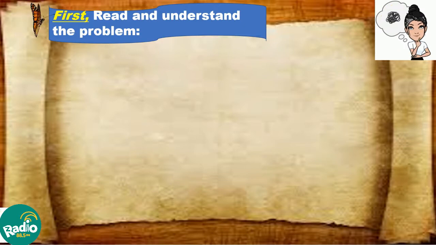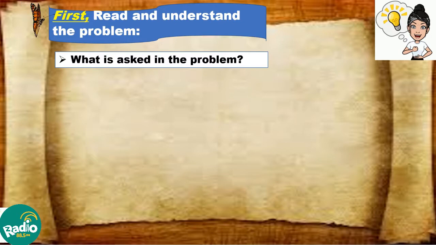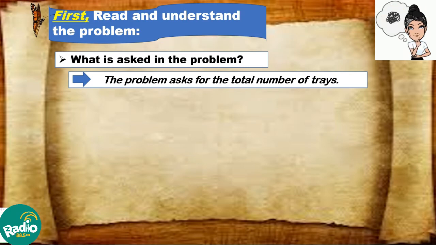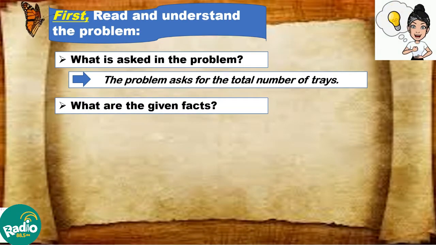First, read and understand the problem. Now let us find what is asked in the problem. Alright, the problem asked for the total number of trays. Then what are the given facts?